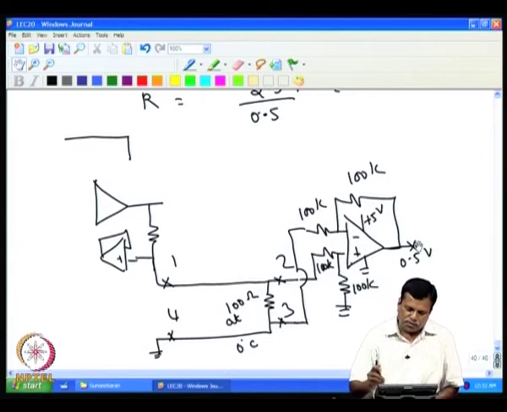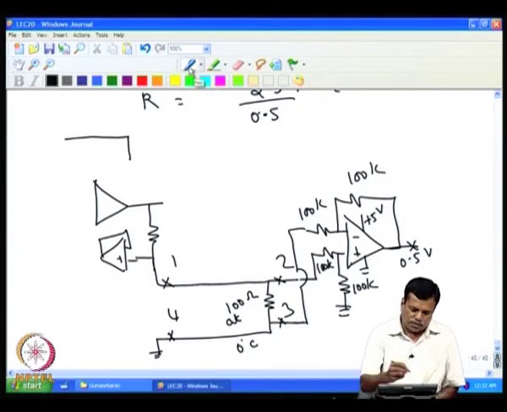Only worry would be this 0.5 volt may be too small for the next stage, where we convert this into a current. So, to solve that problem, what we can do is, instead of grounding it, we can float it at some fixed reference voltage. That can be done by modifying this.